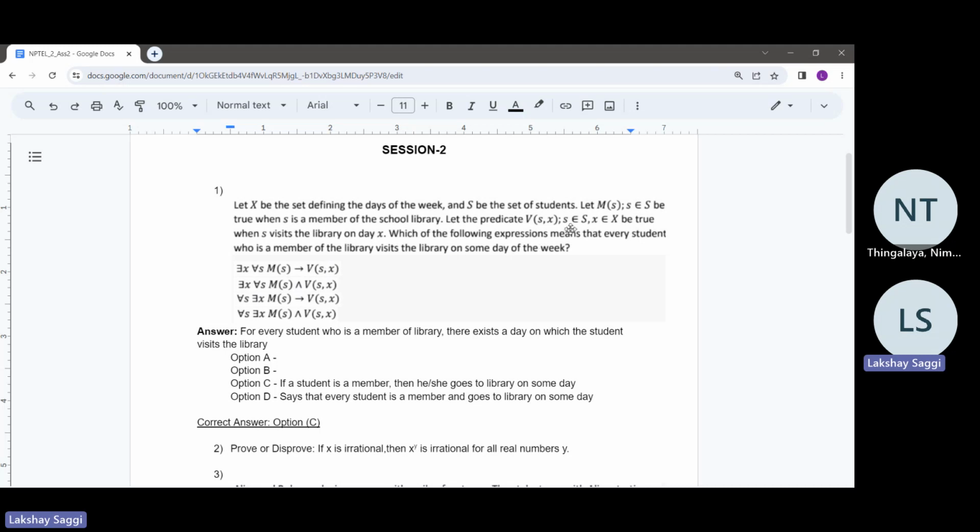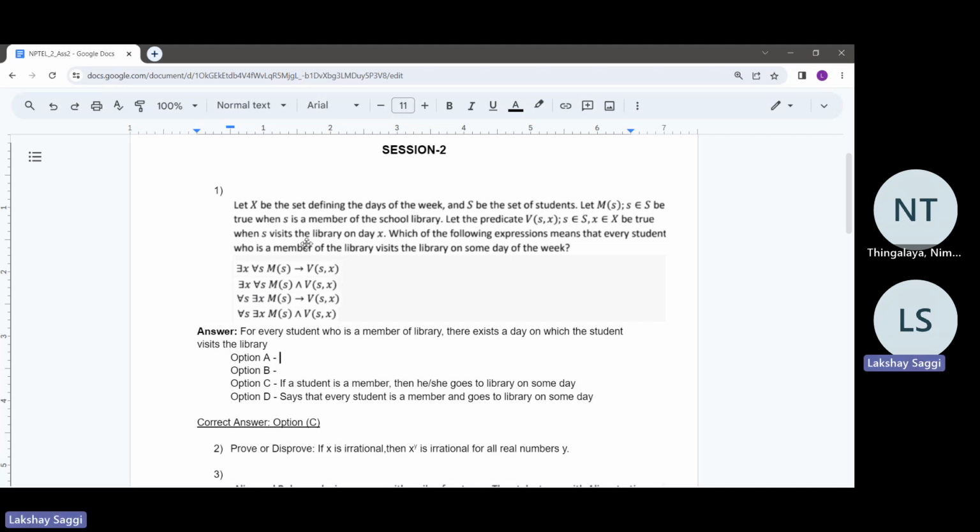It's not what we wanted to convey, because the there exists X part is outside. So what it's saying is that we first pick some day, let's say Friday, and then for all students S, whoever is a member visits the library on that day X.